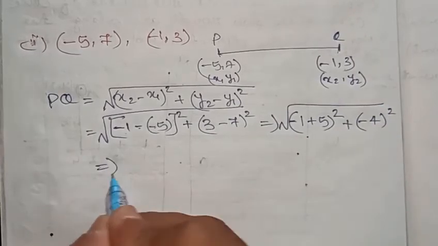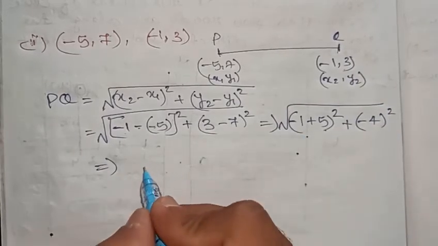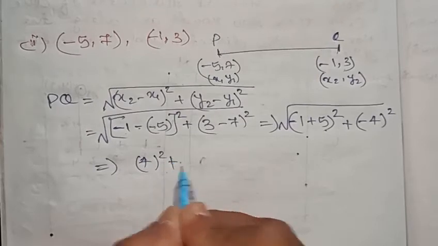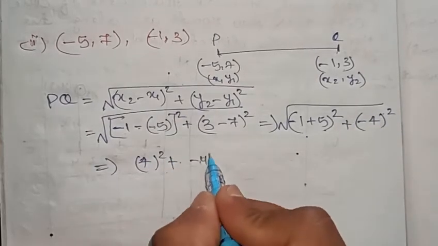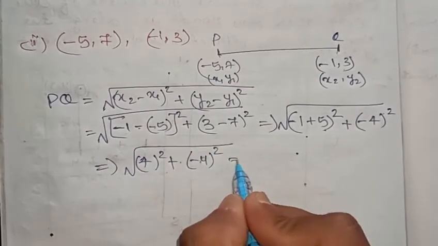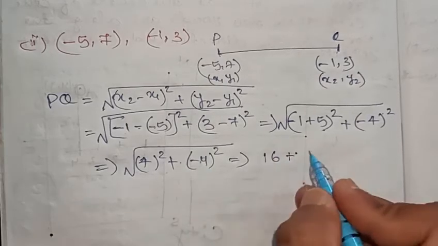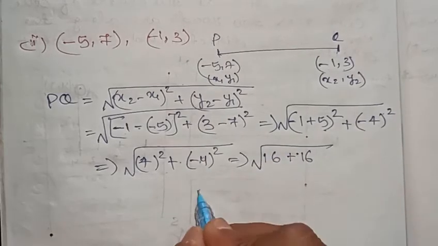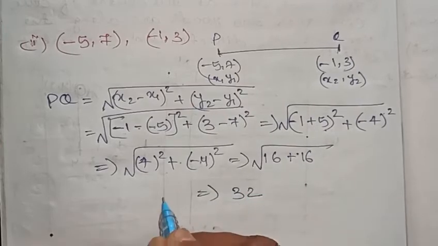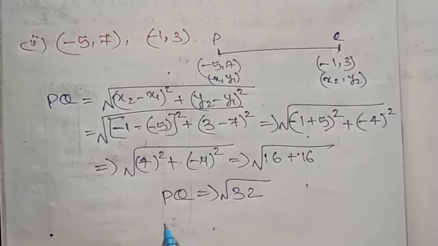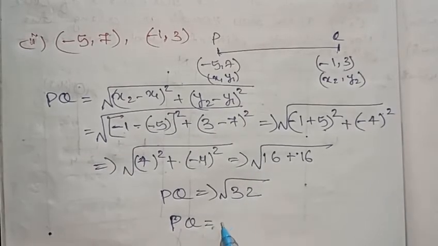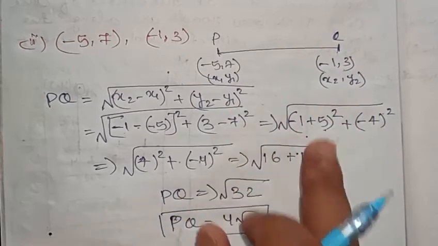Minus 1 plus 5 is plus 4, whole square, and minus 4 whole square. 4 squared is 16, minus 4 squared is also 16. 16 plus 16 is 32. PQ is square root of 32, so the value of PQ is 4 root 2. This much is the distance between P and Q.